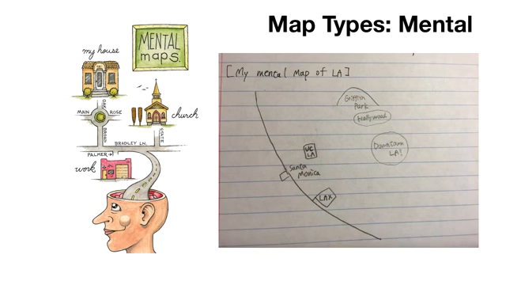Again, oftentimes we rely upon our memories to recall how different places are related to one another, what particular features or qualities of a place are important, as well as how to get from one location to another.